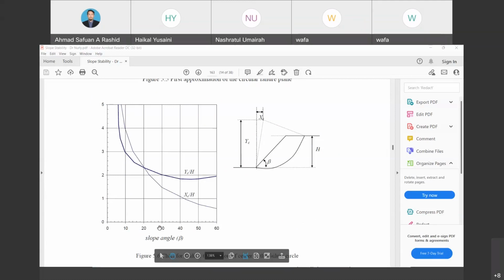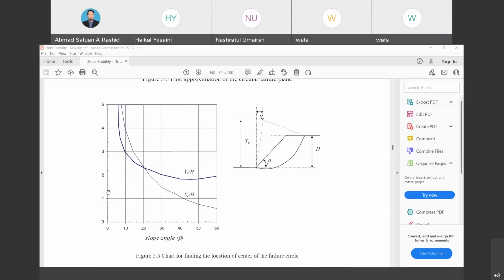For example, we know the beta value, then we put the beta value. We use this graph to determine XC over H and YC over H. For instance, if the degree of the slope is 30, we draw a line until it meets the XC over H curve and move the line to the horizontal.